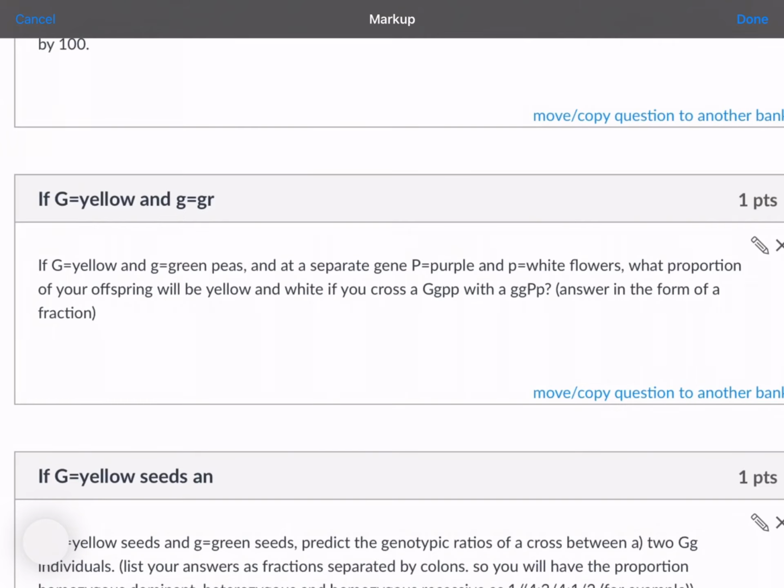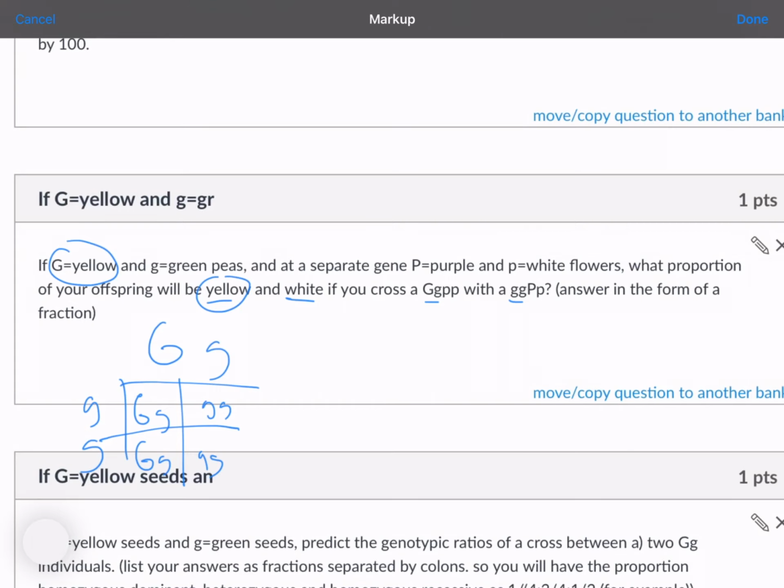This problem becomes a little bit more complex because now we have multiple genes and we have a different phenotypic result that we're looking for in each of those genes. So we want to know what proportion of the offspring would be yellow and white. If we have 2 separate genes controlling seed color, they could be yellow or green, and flower color could be purple or white. So the first thing we do is cross the G locus, and so we see that that's a cross between a heterozygous and a homozygous recessive.